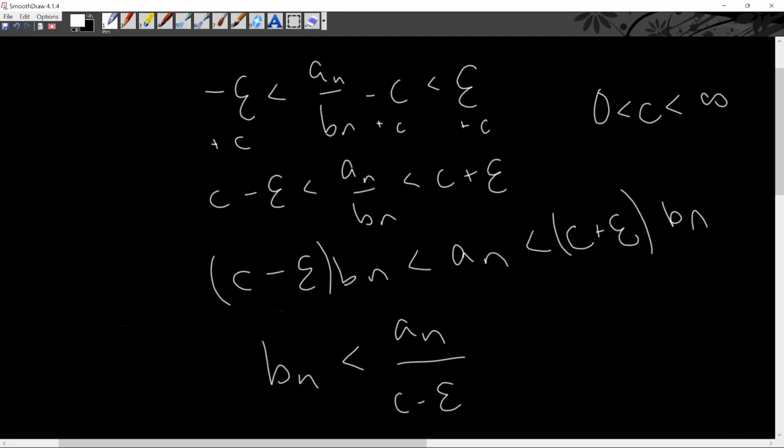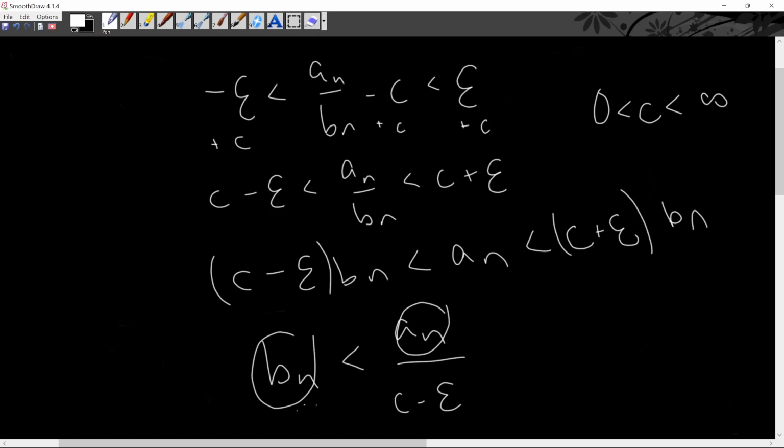And if this converges, this is again the comparison test. So if we have this inequality now, and a sub n converges, then b sub n converges, because b sub n is less than a sub n divided by another value.